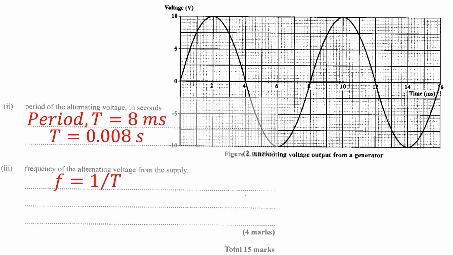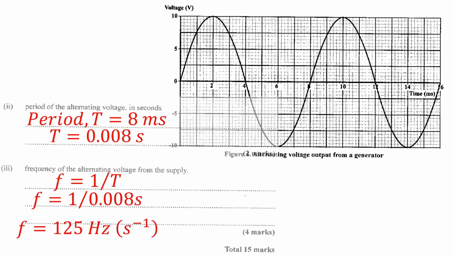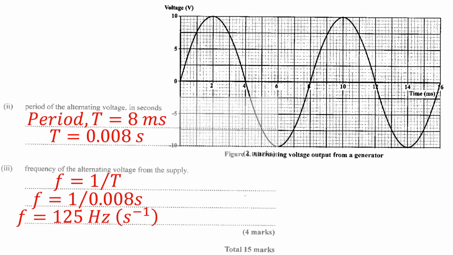Then the frequency is 1 over the period, F equals 1 over T. So it's going to be 1 over 0.008 seconds, which will give you 125 hertz. Or alternatively, you could have seconds to the negative 1 power as the units. So 1 point for the formula, 1 point for the substitution, 1 point for the answer, 1 point for the units. That's 4 marks.